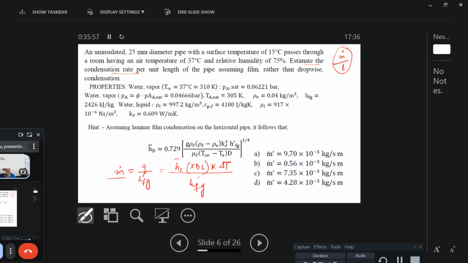Since it is M by L, it should be Q prime divided by L. So just cancel it. So this is the formula you have to find out for this question, M dot per length, or you can simply write in this notation also, M dot prime.